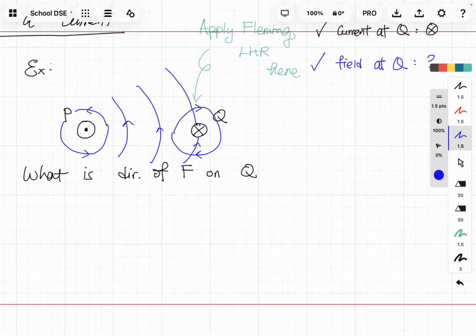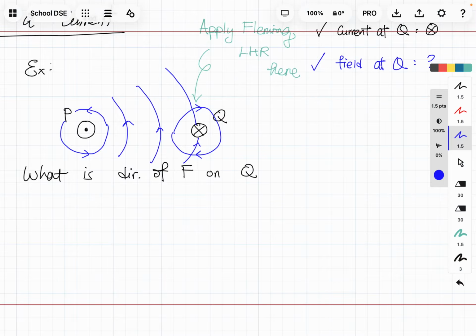And then I have another particle which is negative, and its velocity is going this way. And I have another particle which is positive, but it is at rest. Okay, like this first.